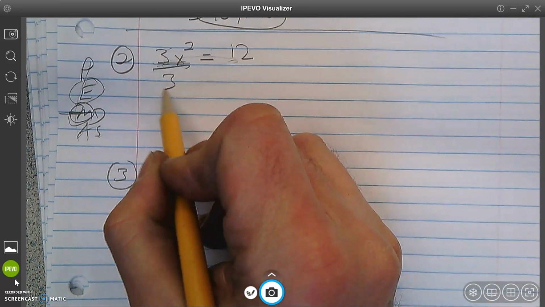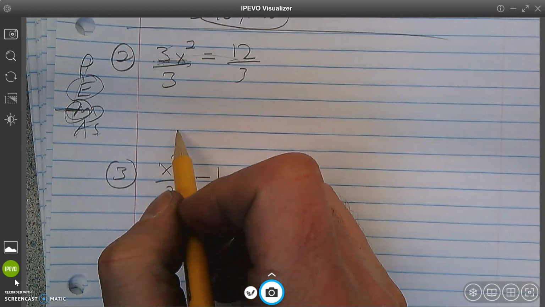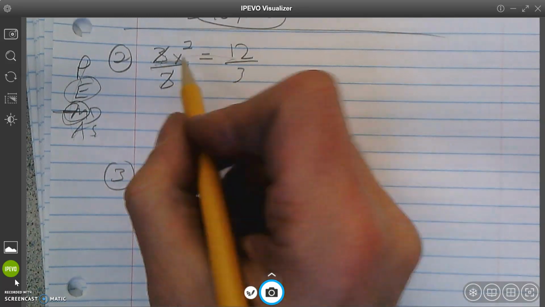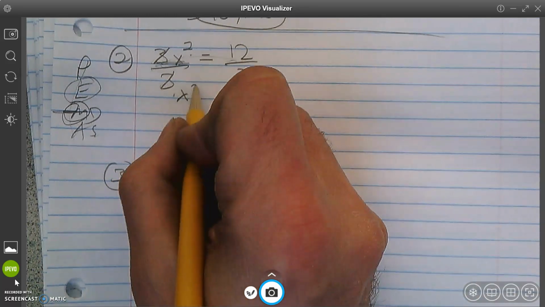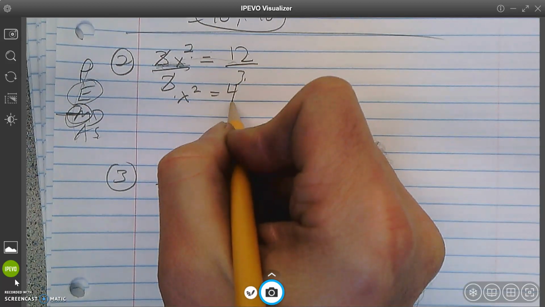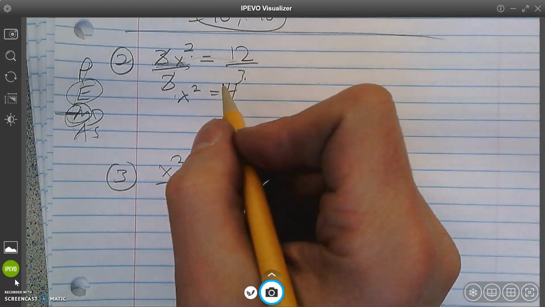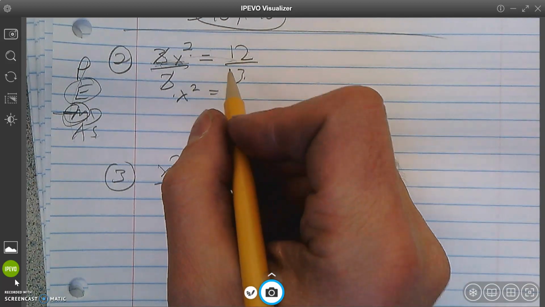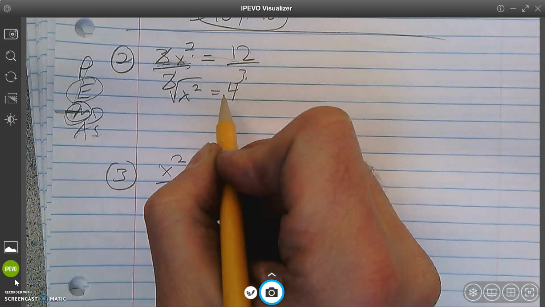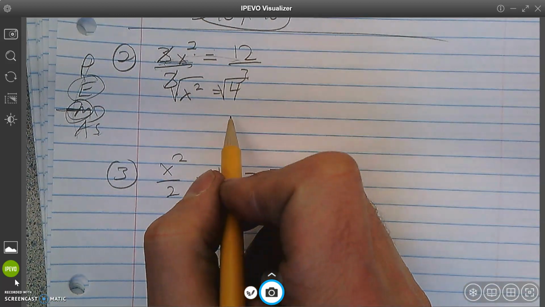The opposite of multiplication is division. 3 divided by 3 is 1, and 1 times x squared is just x squared. 12 divided by 3 is 4. The opposite of squaring is square root, so I square root both sides.